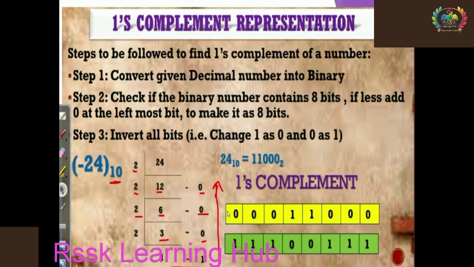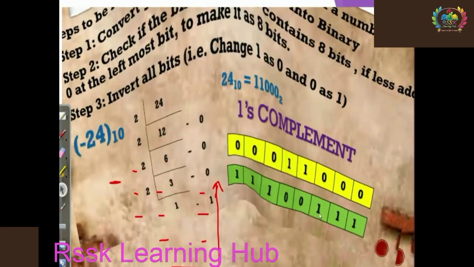This is the value for minus 24 to the base 10. We have converted the decimal to binary, and seen how to take the one's complement: you have to invert all the bits.